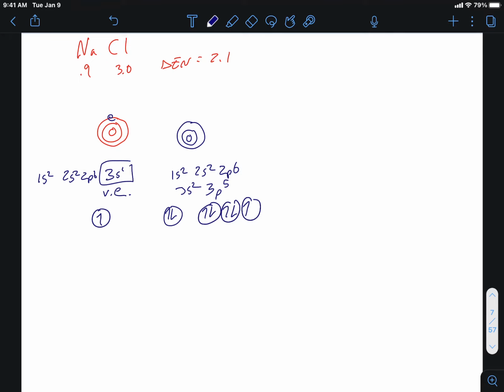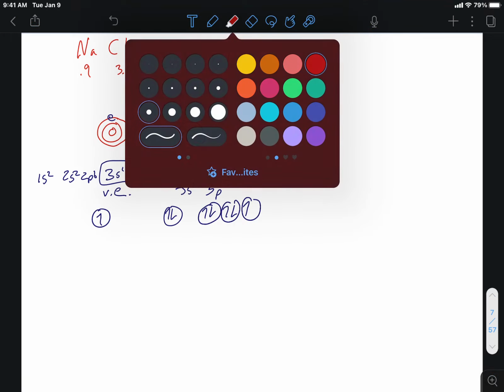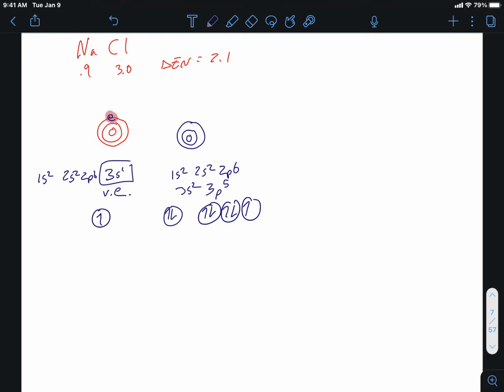What happens is, because chlorine has such a higher electronegativity, the electron gets ripped off from sodium by chlorine. And the result is you have a positive ion and you have a negative ion.